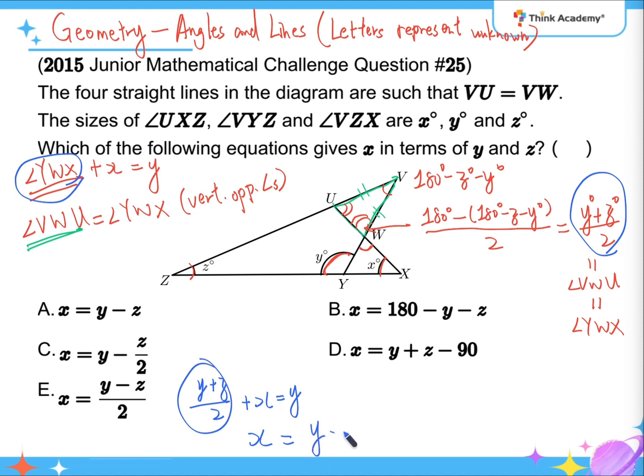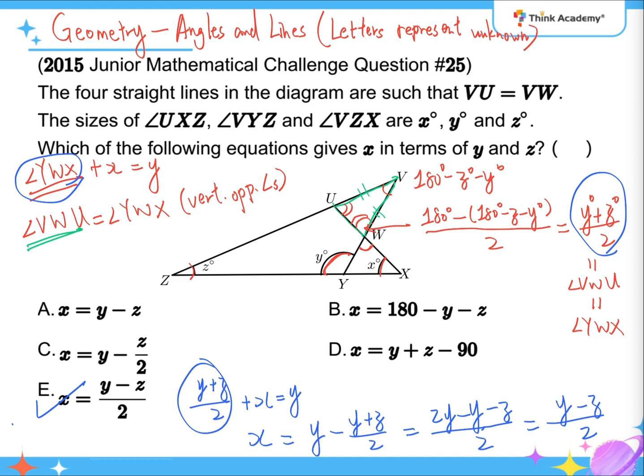So I have Y take away Y adding Z divided by 2, which is equal to 2Y take away Y adding Z divided by 2, because Y is 2Y over 2, right? Oh, one mistake there. It should be take away Z as well, because when I'm removing the fraction, I'm removing it as a whole. So that's going to be y take away z over 2. Okay? So the answer is E.